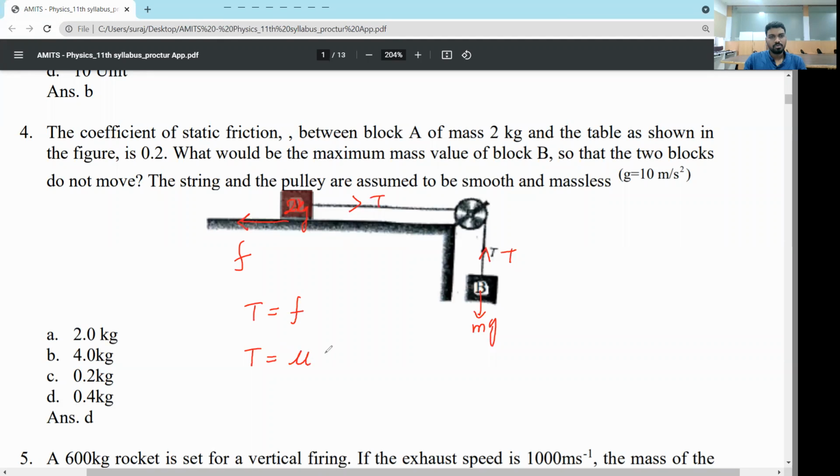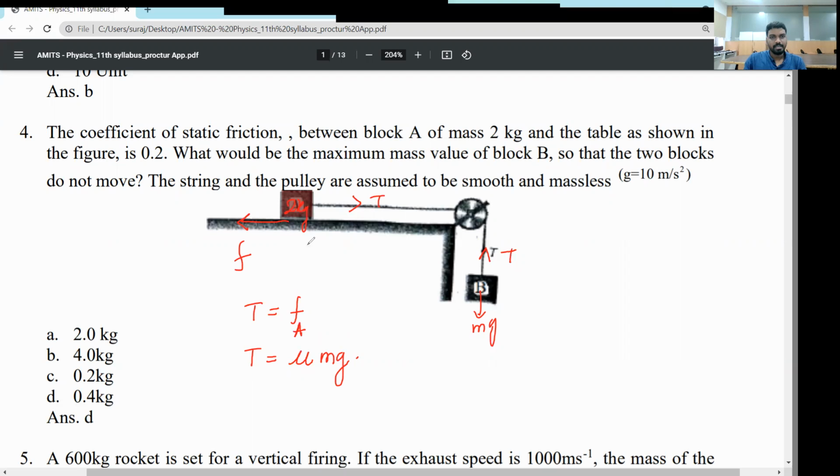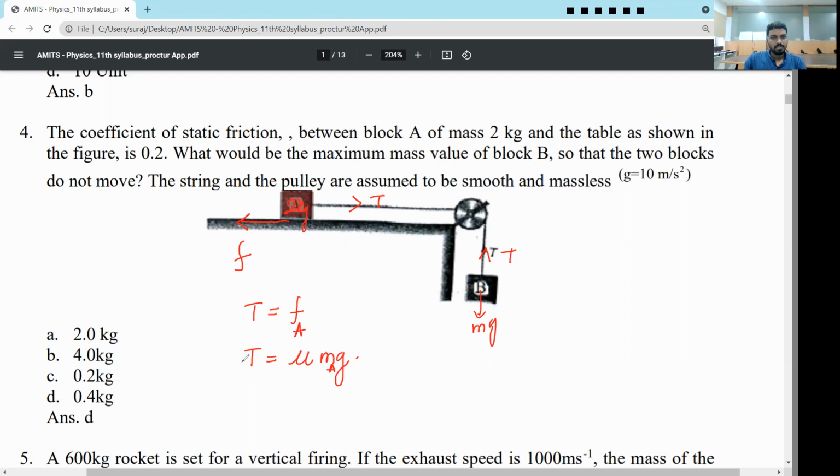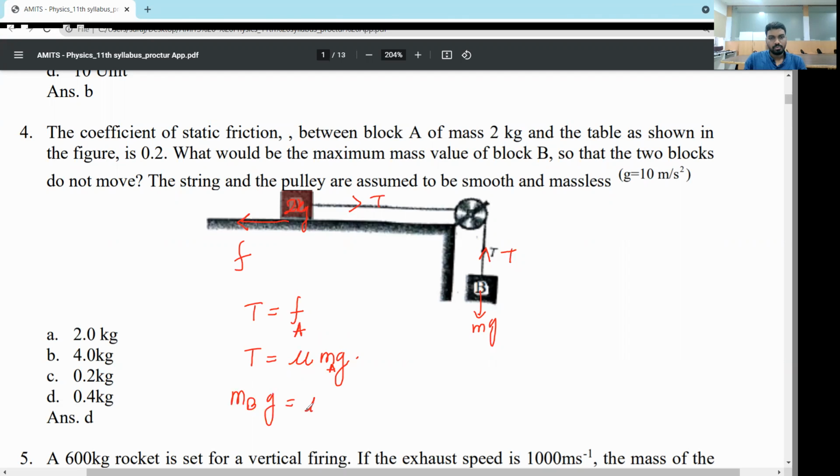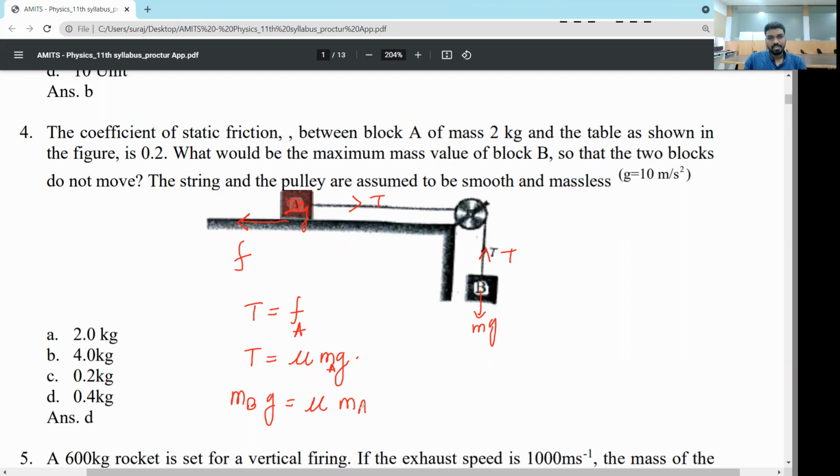Friction F is mu times mg, mu mg of A. And tension is equal to small mg, mass of B. This is mass of A, right? Friction experienced by A. So mass of B into g equals mu times mass of A into g.